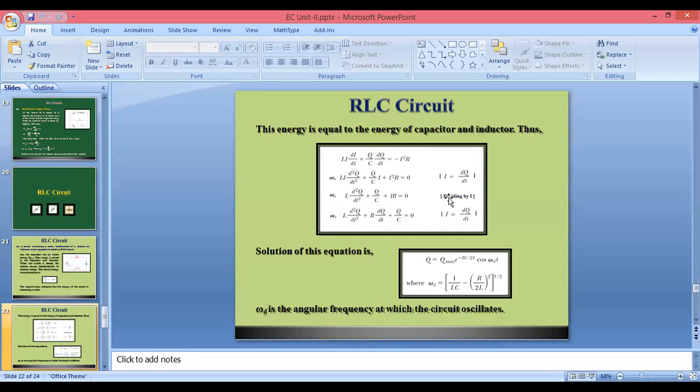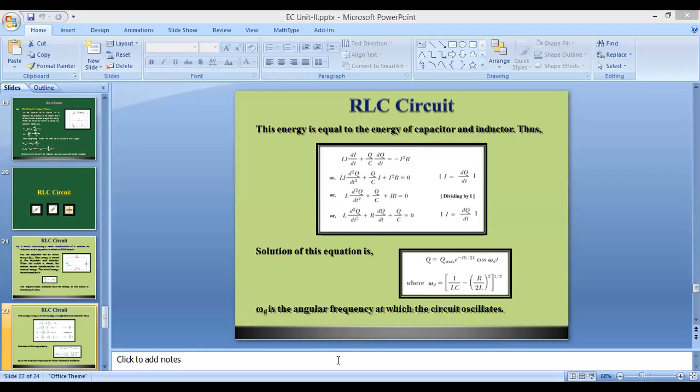Now you can rearrange these equations. Why are we rearranging them? Because we have to derive the equation for current and voltage.